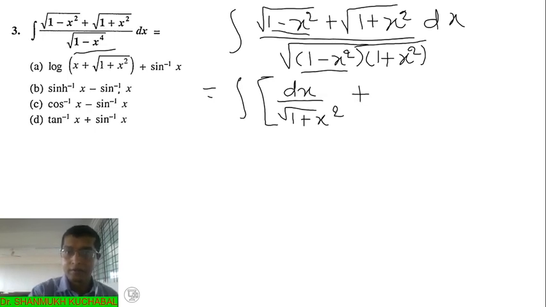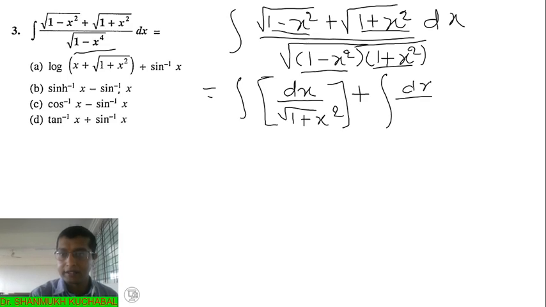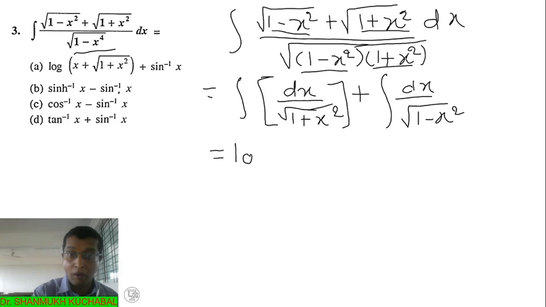Now for the other integration, 1 plus x square and 1 plus x square get cancelled. We get dx divided by the square root of 1 minus x square. Further, the integration of 1 divided by root of 1 plus x square we can write as log of x plus the square root of 1 plus x square.